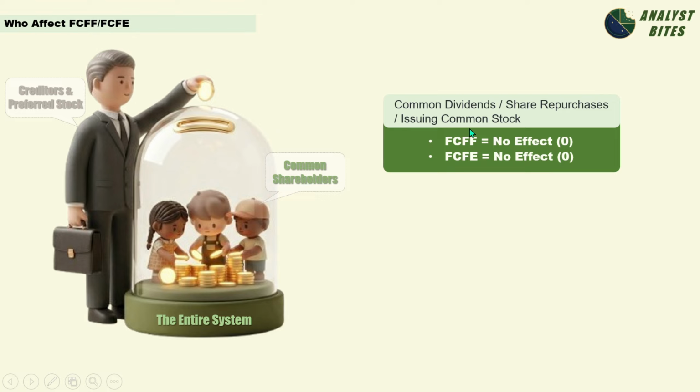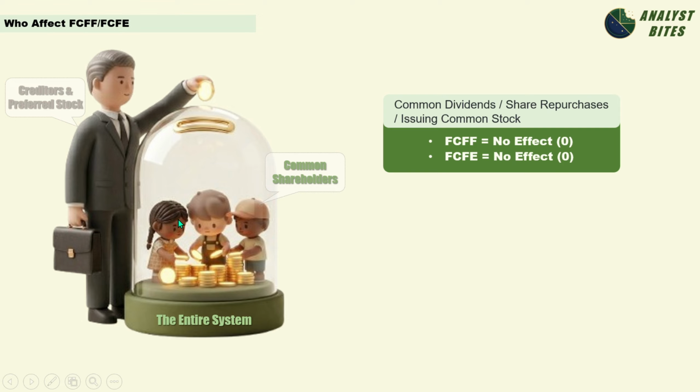Many students get stuck on issuing new shares. They think new shares increase the cash available to old shareholders. But remember, FCFE measures the total wealth of all shareholders within the dome.